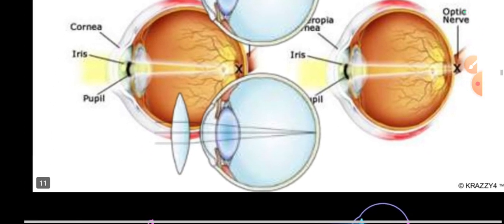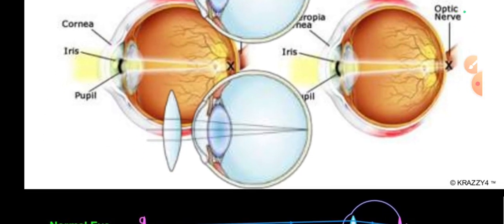In both cases, the light rays coming from the object pass through our eye lens and converge behind the retina, not in front of the retina, at the backside of the retina.